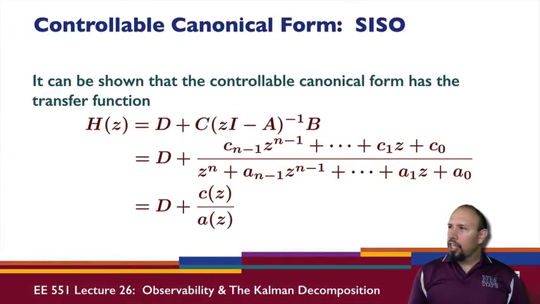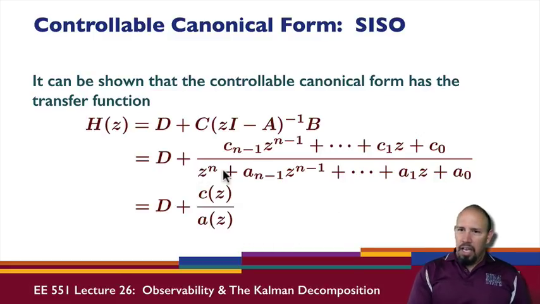Now, it can be shown that the controllable canonical form can be written this way: D plus C, zI minus A inverse B. So this is z. Incidentally, I'm doing this in discrete time. I could also do it in continuous time. So here I have this, and I'm going to call this polynomial C of z, this polynomial down here A of z.